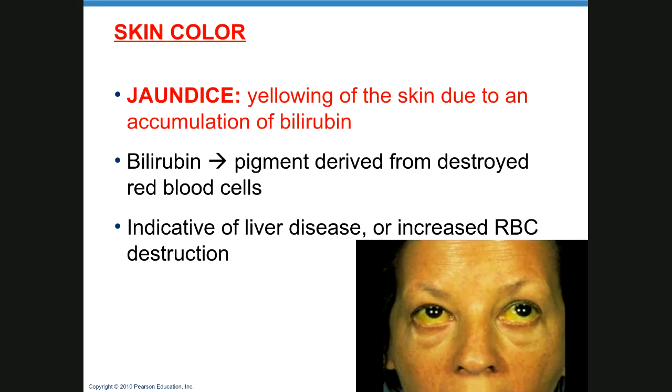Another term that describes changes in skin color, abnormal skin colors, is jaundice. And jaundice is a yellow coloration in the skin due to a substance called bilirubin. So what happens is that every day our spleen destroys millions of red blood cells.